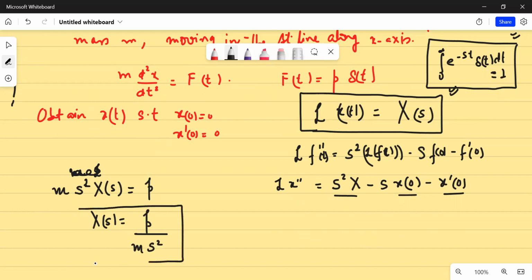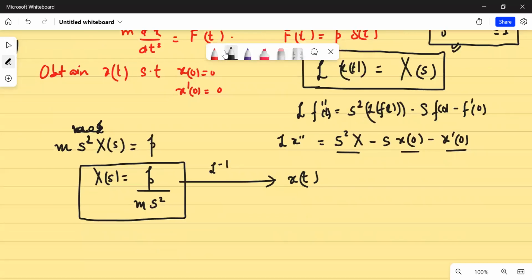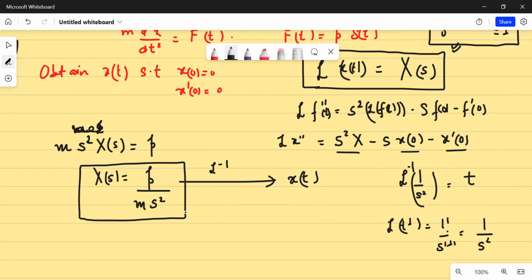Once I know X as a function of s, then I can find x as a function of t also by applying the inverse Laplace transform. So this is the beauty of Laplace transform. I know that the Laplace inverse of 1 upon s square will be equal to simply t, because the Laplace transform of t to the power 1 would be 1 factorial divided by s to the power 2.